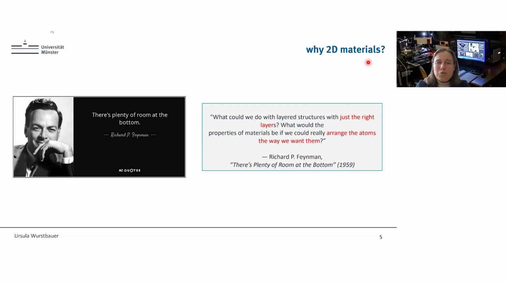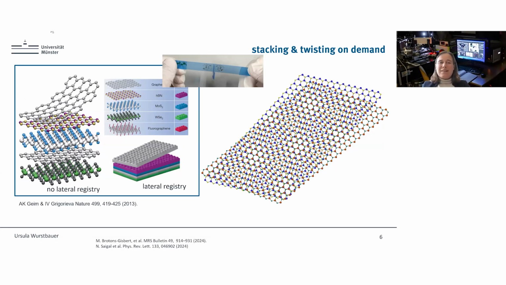We can really do a lot with those structures, and we can achieve phenomena and behavior which maybe was not thinkable before. Let me introduce one aspect in this regard. Those 2D materials, and we know many of them meanwhile, mostly have just weakly bonded interlayer coupling, bonded by van der Waals interaction.